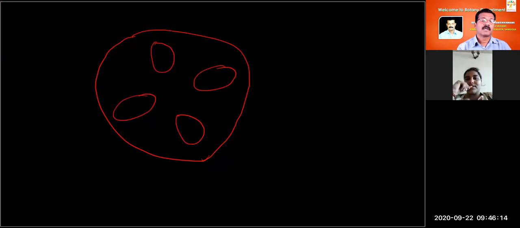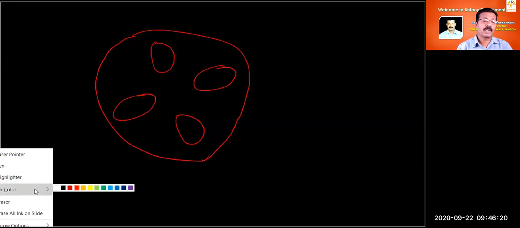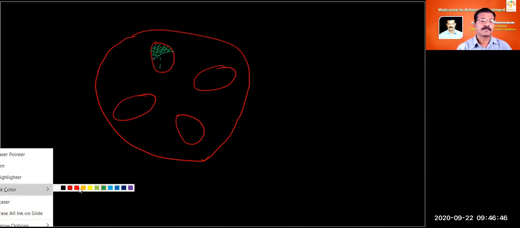These are the vascular bundles, and in the vascular bundles, what we have seen, the phloem is at the outer side. So there is a phloem at the outer surface and xylem is at the inner surface. If this is the xylem, it is on the inner side of the vascular bundle.